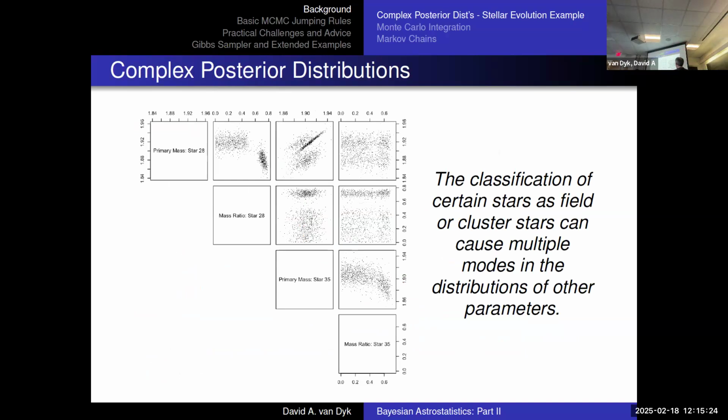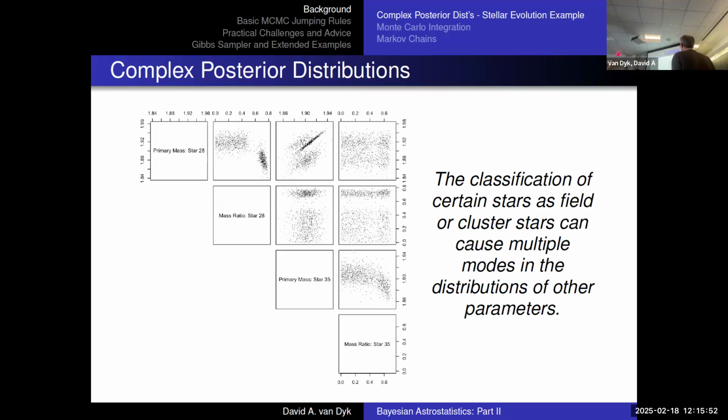But one of the points is that the multiple modes of the posterior distribution correspond to something quite physical in our understanding of the cluster. Maybe it's not in this case the most critical thing, whether one star turns out to be a cluster star or not, but you can trace back the multiple modes to different stories about what's going on in your data.